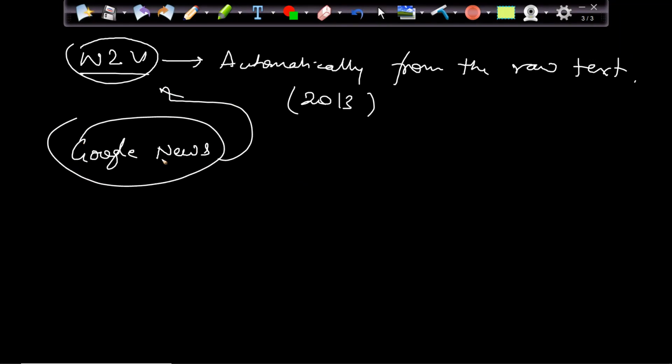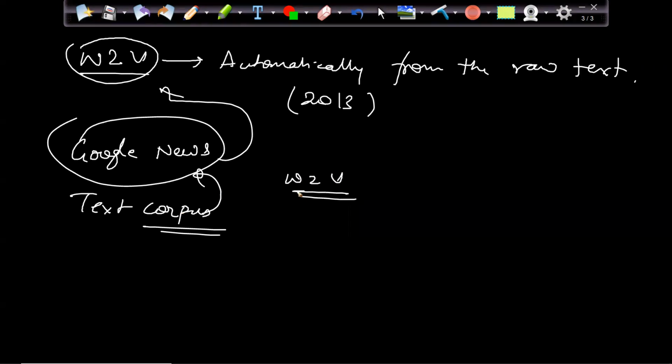So this data is what they are using for training this Word2Vec, right? So it requires a large amount of text corpus, and that is what you are getting from Google News. So it takes all the words and converts them into vectors.